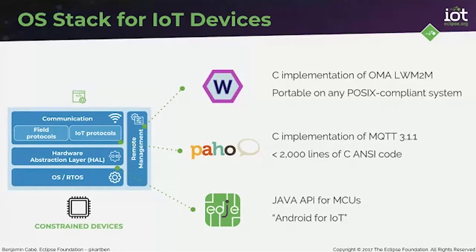So in terms of hardware abstraction layers, at Eclipse there's an interesting project called Eclipse Edge. I know this sounds weird or scary or funny, but with Eclipse Edge you have a Java-like API on top of your MCU, right?